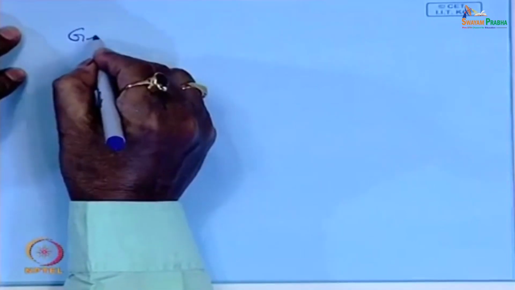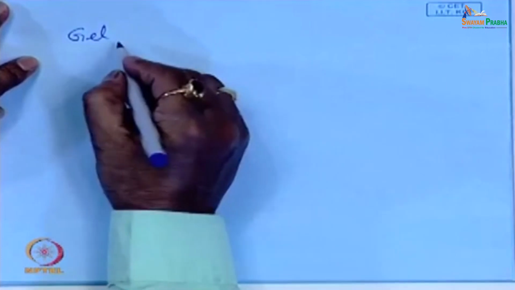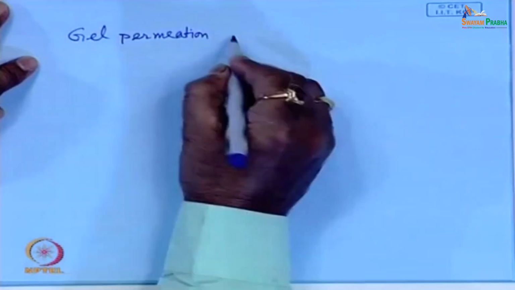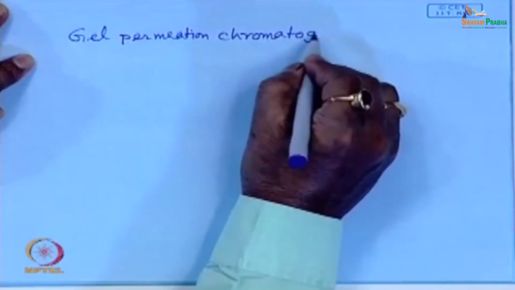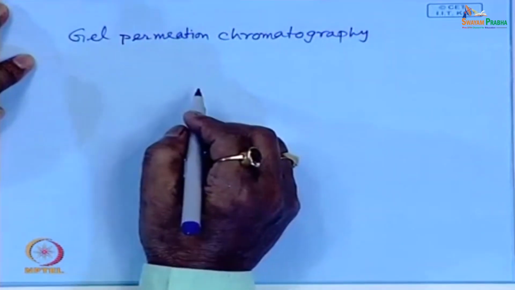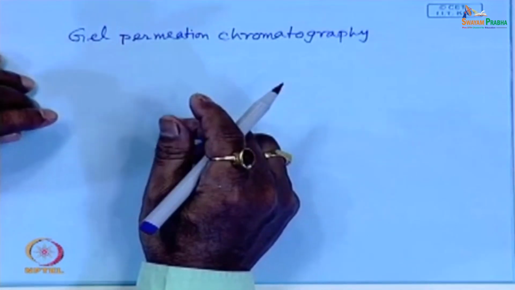Now, there is a technique known as gel permeation chromatography. You know what is chromatography? Chromatography is a separation technique for a mixture. If there are more than one component in a mixture, those components can be separated by chromatography.